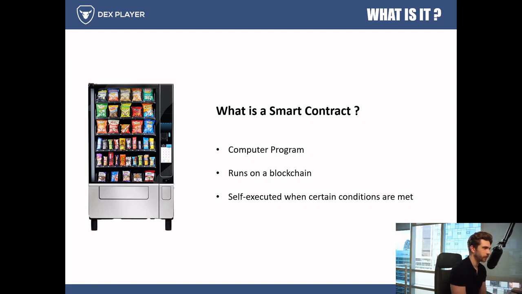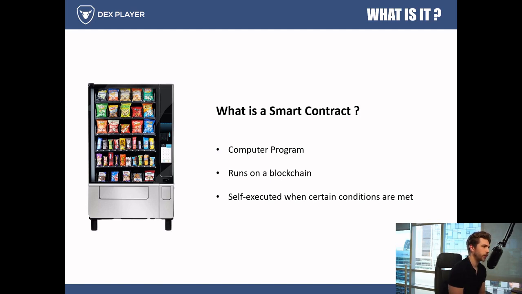What is a smart contract? A smart contract is just a computer program that runs on a blockchain technology and that self-executes once certain conditions are met. So a good metaphor for a smart contract, a famous one, is the vending machine.